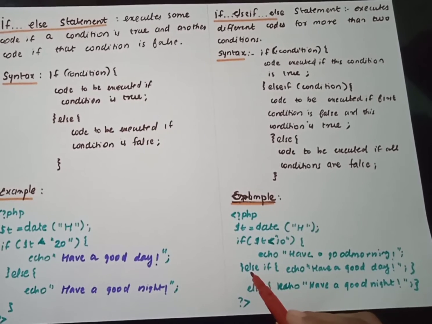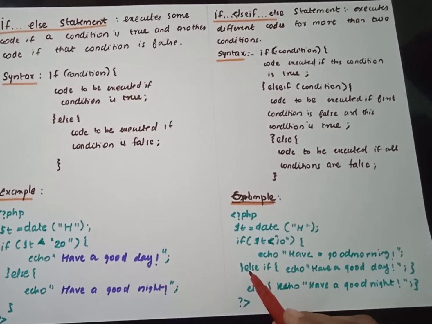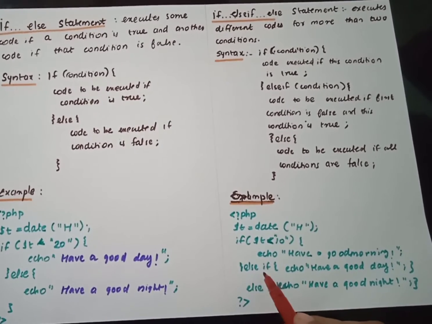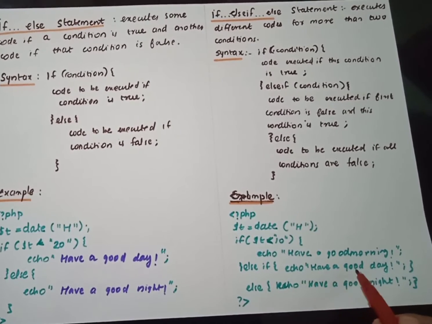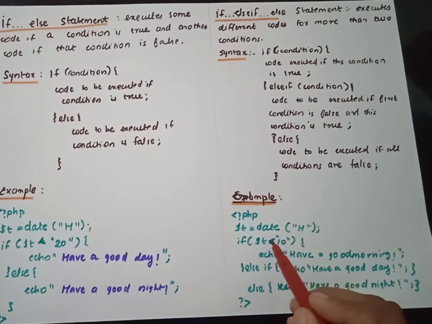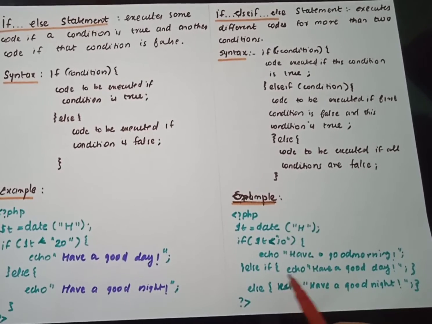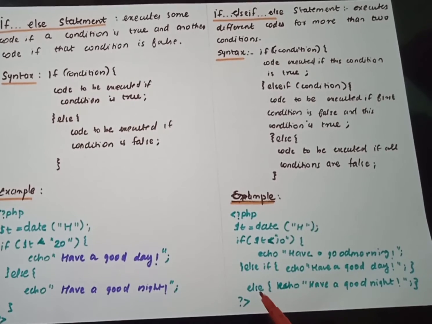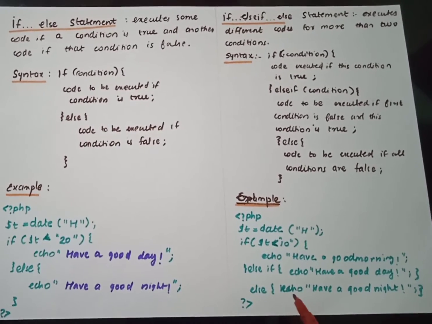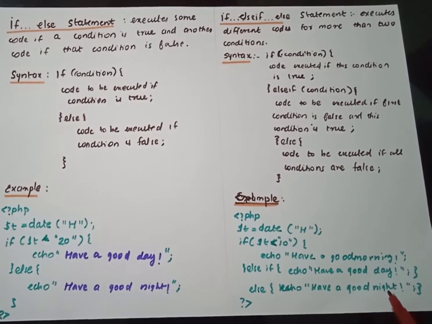So my next step is else if. This is another condition statement inside the chain. So echo have a good day. If this is not true, then you will go for this else statement, which will show echo have a good night.